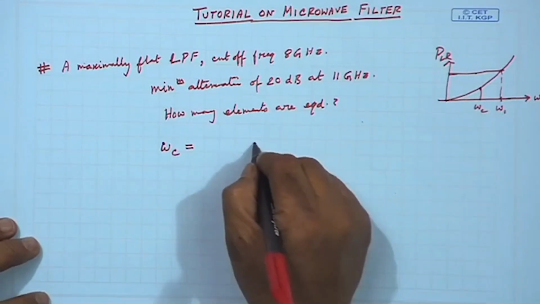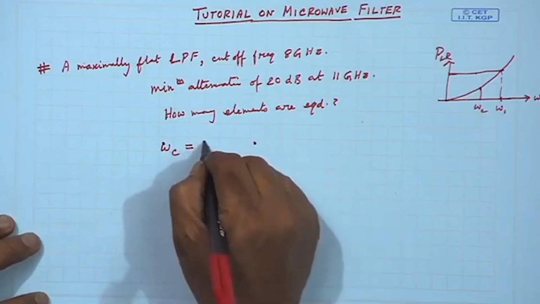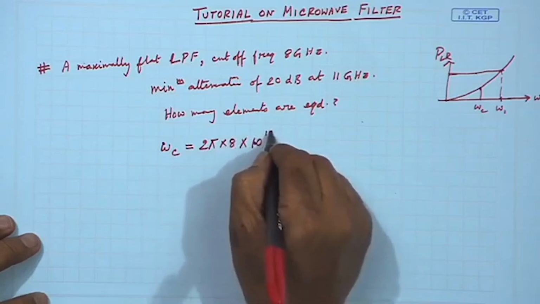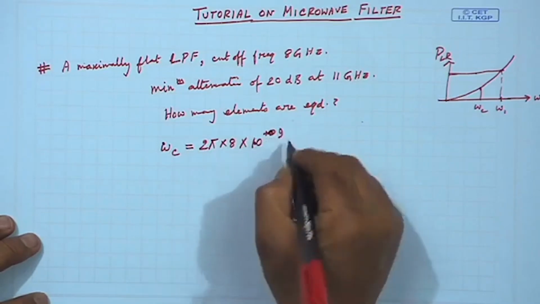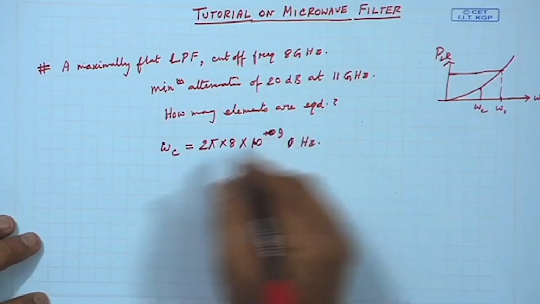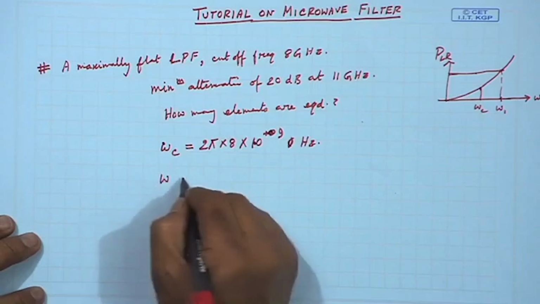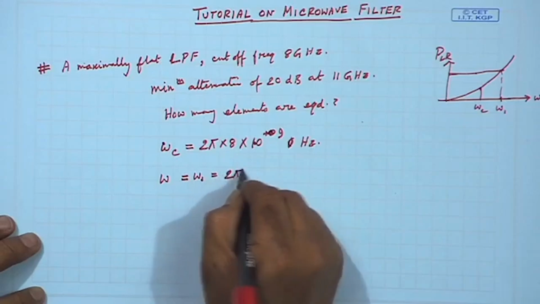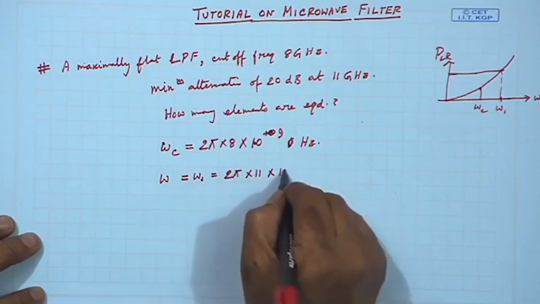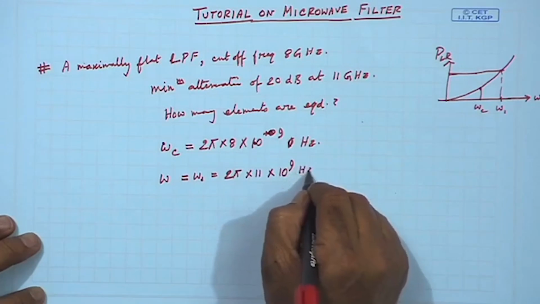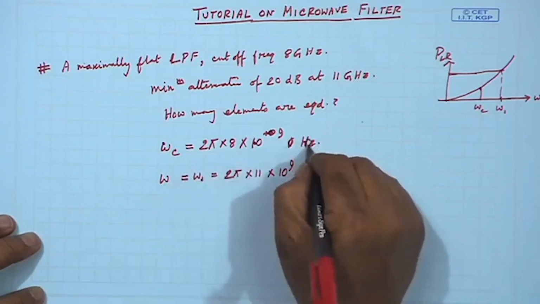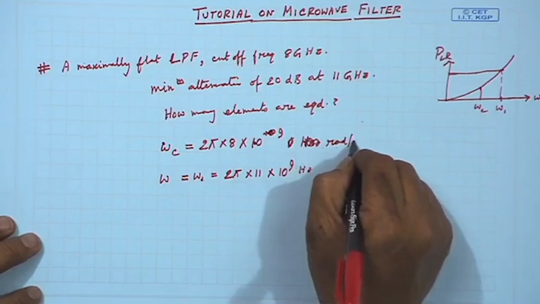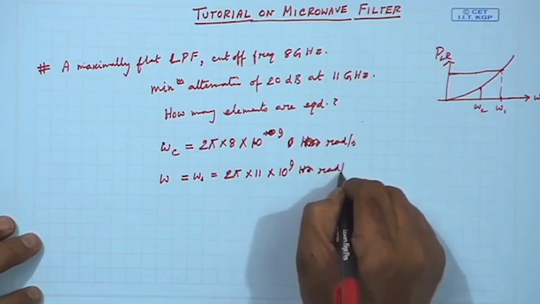So, let us see what omega c is. Omega c is 2 pi into 8 into 10 to the power 9 hertz, 8 gigahertz. And we want that at omega equal to omega 1, which is equal to 2 pi into 11 into 10 to the power 9, omega is radian per second, this is also radian per second.